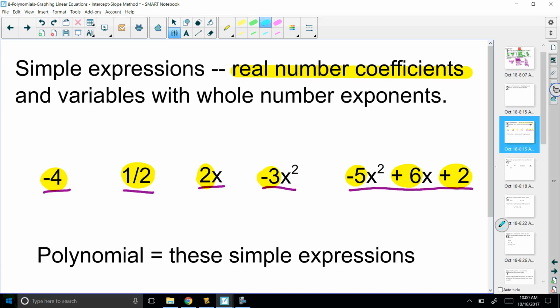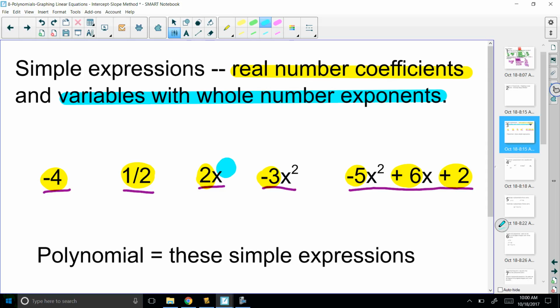The other thing that we have to have when we deal with simple expressions is variables with whole number exponents. What's a whole number? 0, 1, 2, 3, 4, 5. So if I look at the exponents, right here I have an exponent.